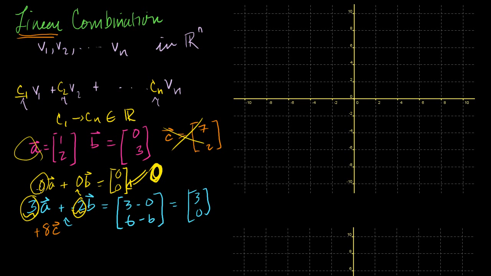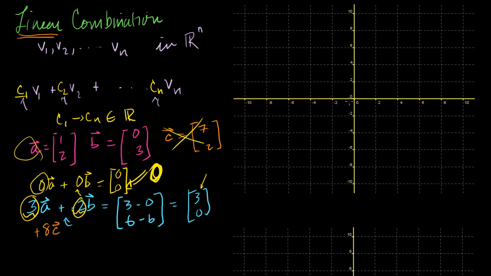But it begs the question, what is the set of all of the vectors I could have created? And this is just one member of that set. But what is the set of all of the vectors I could have created by taking linear combinations of A and B? So let me draw A and B here. Maybe we could think about it visually, and then maybe we could think about it mathematically.